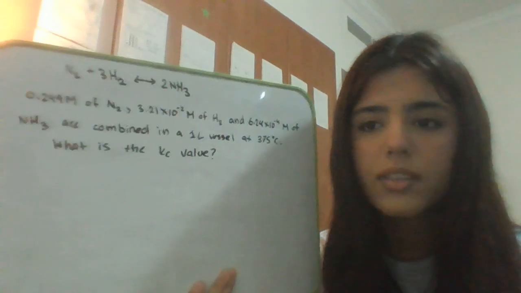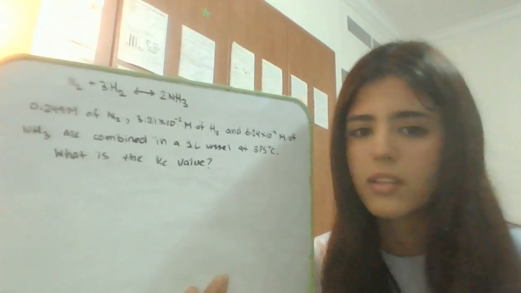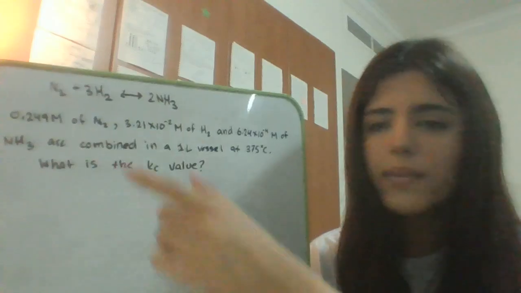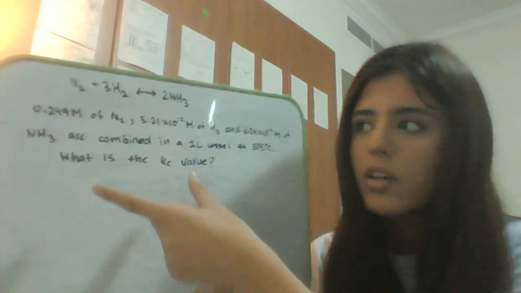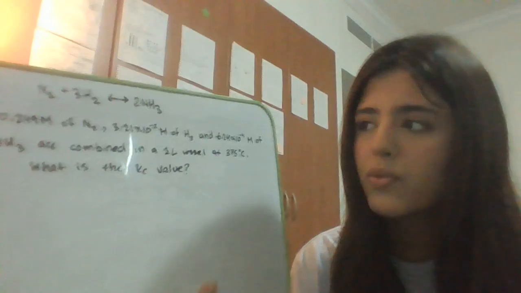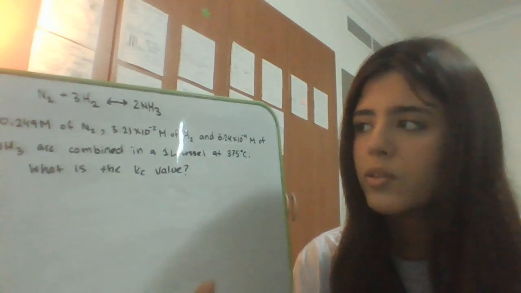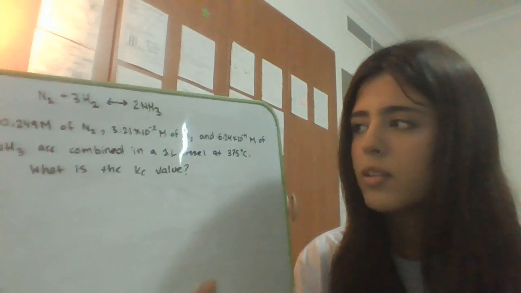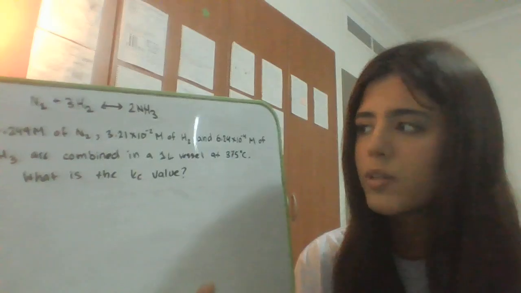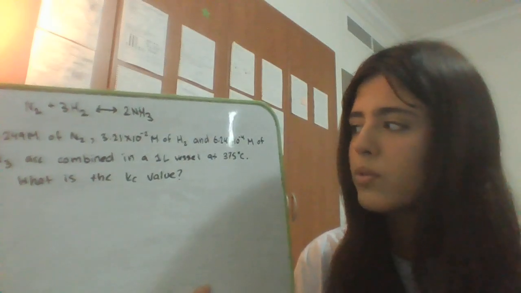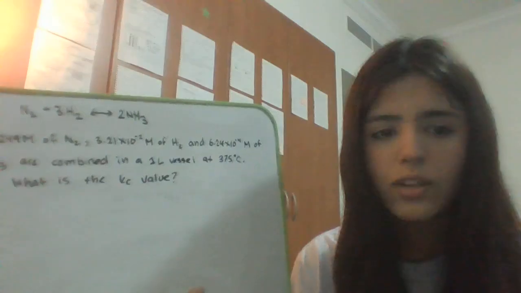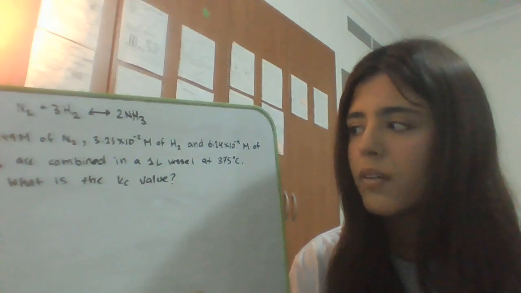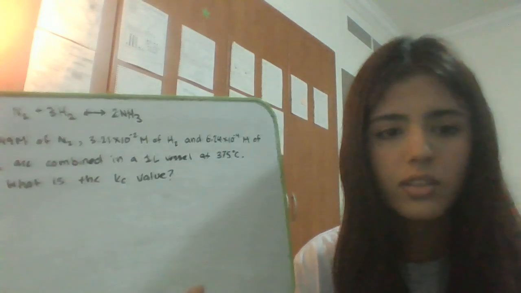Okay guys, so here is an actual word problem. This question gave us the equation and now it's asking us what is the value of Kc. It told us that 0.249 moles per liter of N2, 3.21 times 10 to the power of negative 2 moles per liter of H2, and 6.24 times 10 to the power of negative 4 moles per liter of NH3 are all combined in a 1 liter vessel at 375 degrees Celsius.